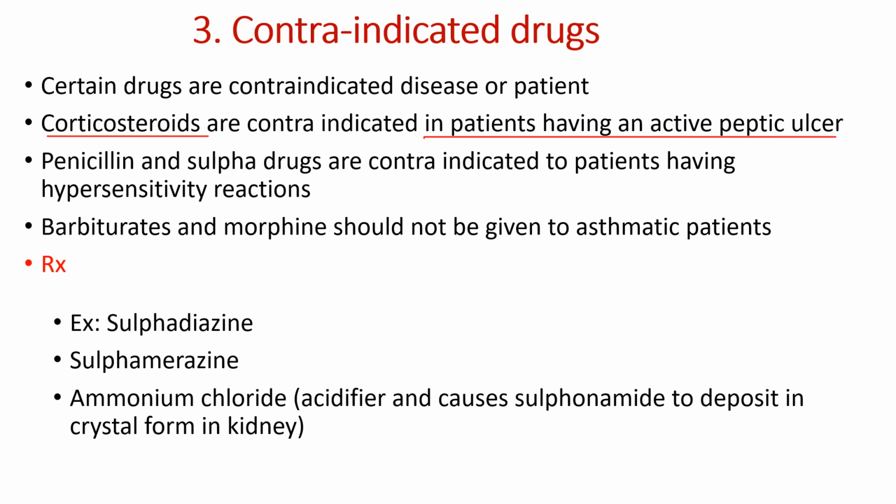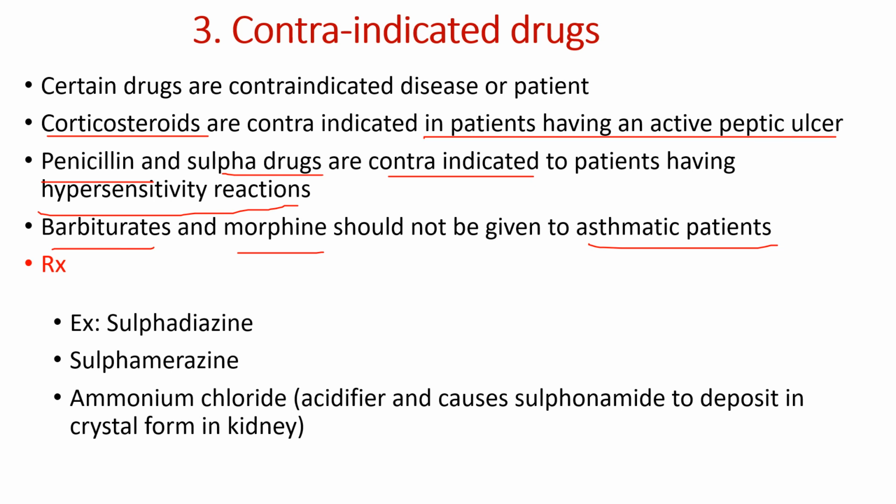Penicillin and sulfa drugs are contraindicated for people who have hypersensitivity reactions. Similarly, drugs like barbiturates and morphine should not be given to asthmatic patients. So the pharmacist should check the prescription thoroughly and see whether the drugs are indicated for that particular patient or not.